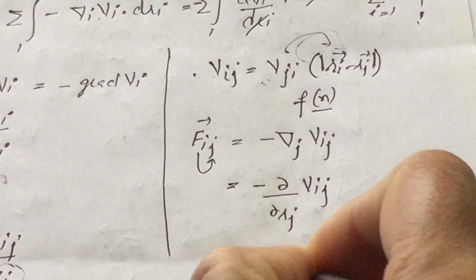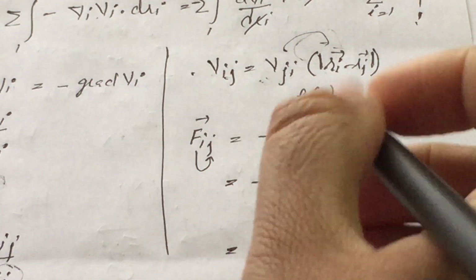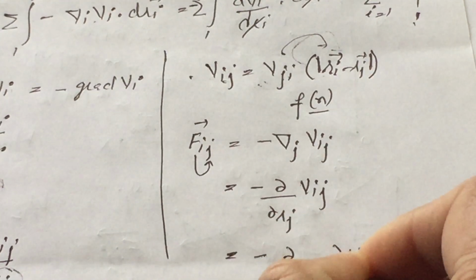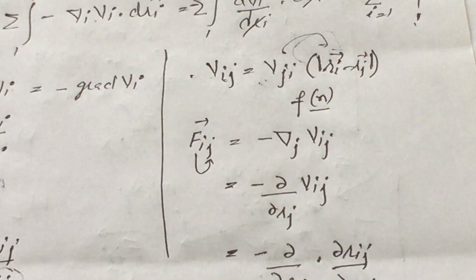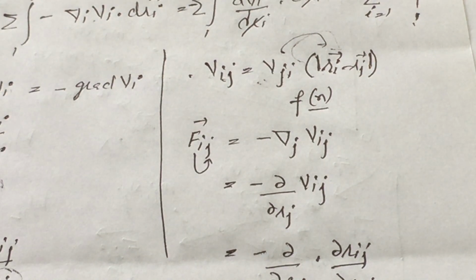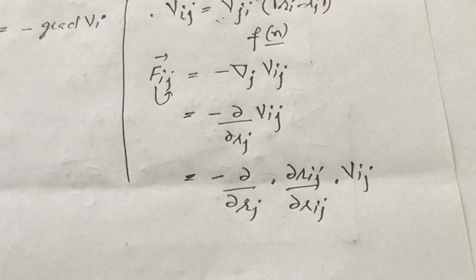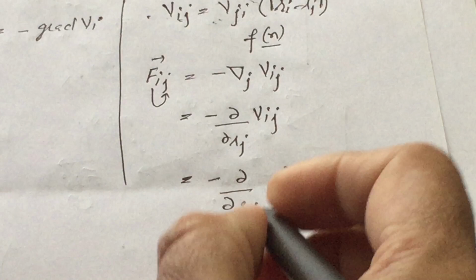Instead of Rj, we can take the distance between the ith and jth particle. Multiplying and dividing by the same thing is not going to change our term. We are getting the same result.